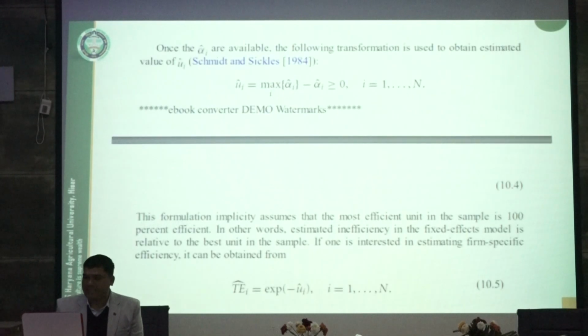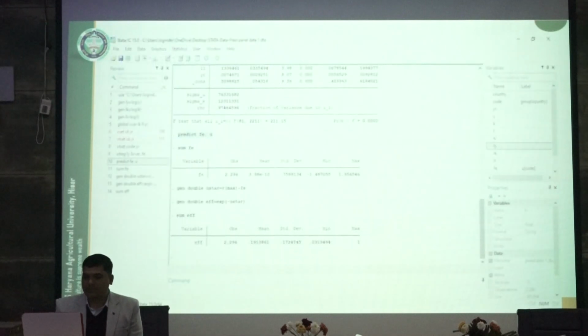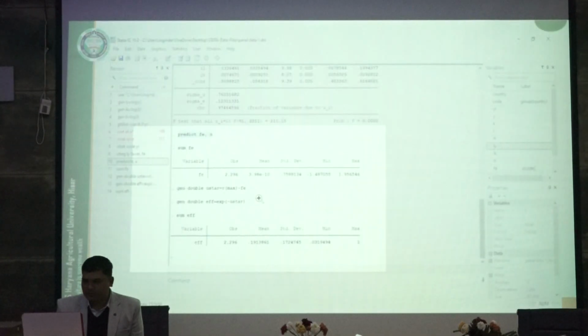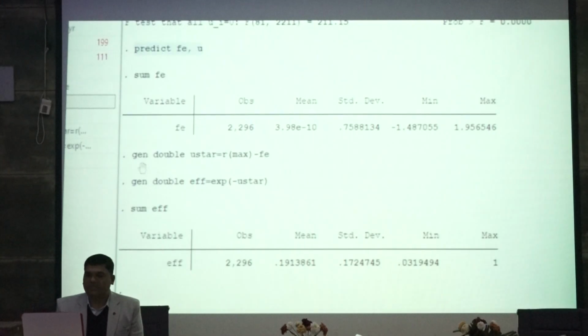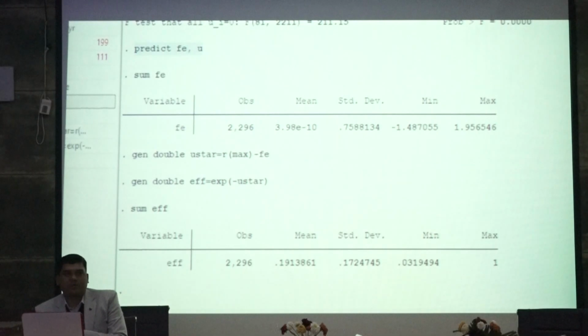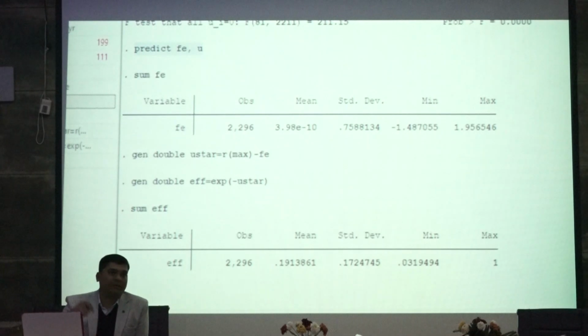So now you can check after getting these commands, this is the window. Now you check, this is the first command to generate. Double means the double command is used to specify the value up to 16 decimal places or more accurate value.